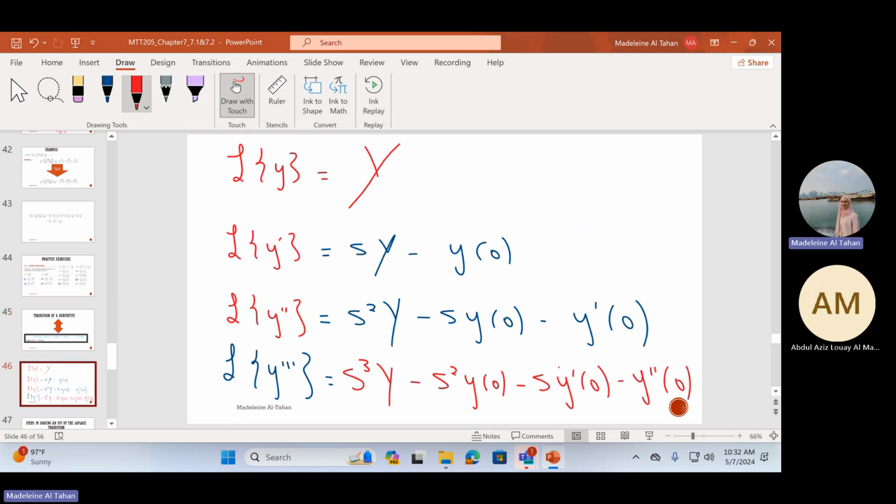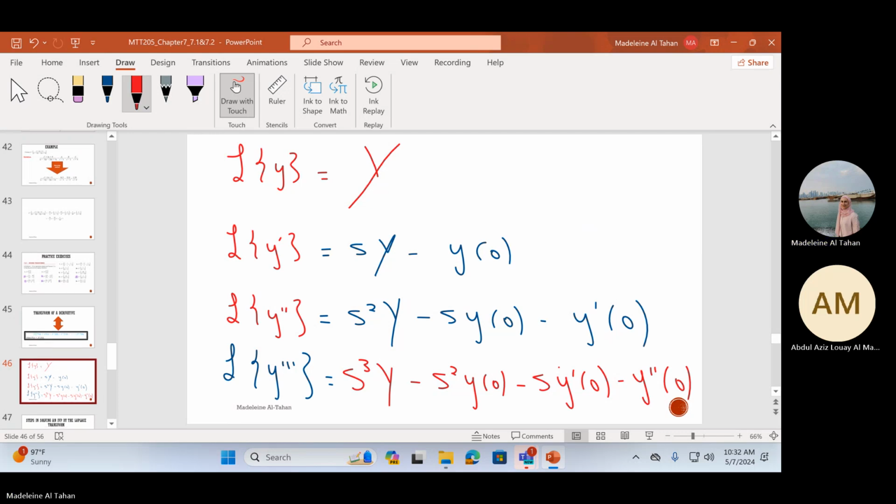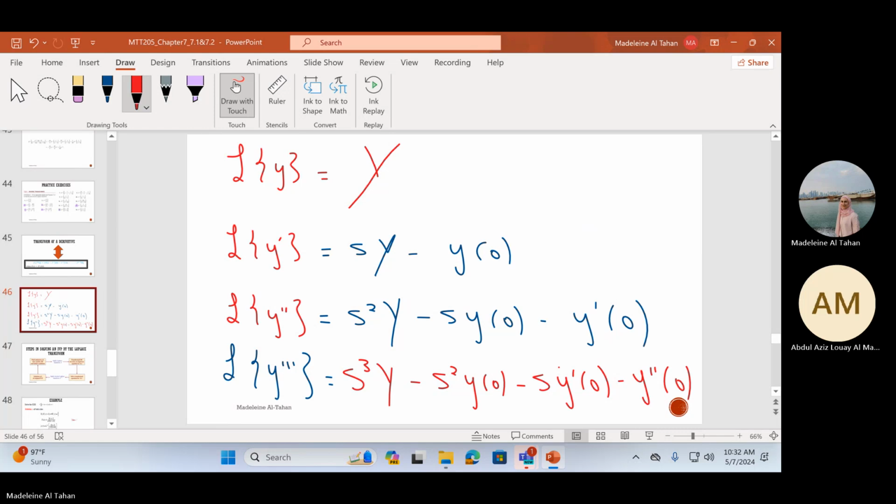Please write these ones down. What if we have the fourth derivative? We would start with s to the fourth Y minus s cubed y0, then s squared, then s, then nothing.